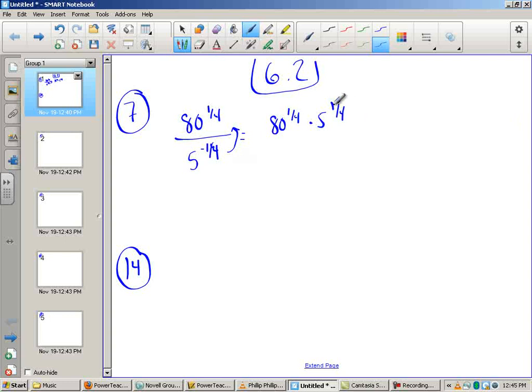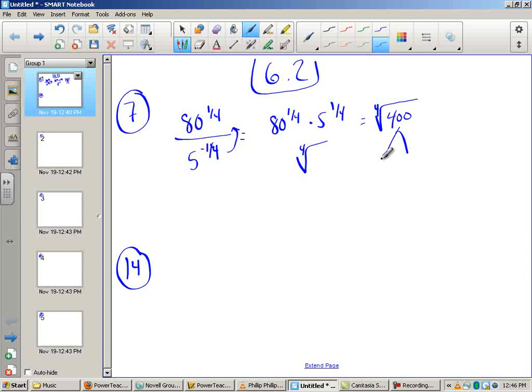Now, because these are both in a fourth root, essentially, that's what this 1/4 power means, a fourth root, that means I can multiply the 80 by the 5 to get 400. And rather than talking about the 1/4 power anymore, I want to talk about the fourth root of 400. So I'm going to split this, because I'm looking for groups of 4.